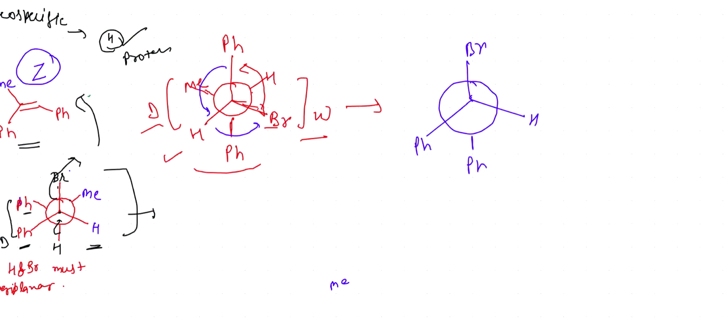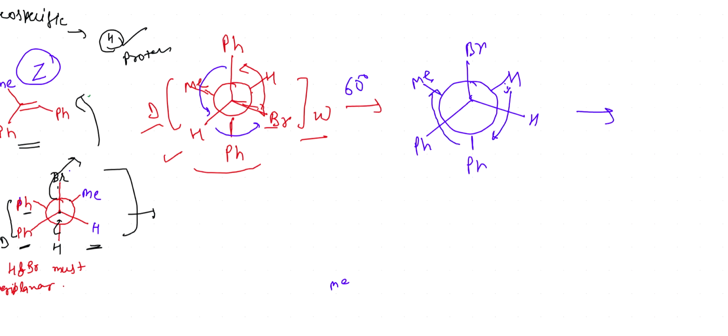So methyl, okay, that are rotated at 60 degrees in anticlockwise direction. Clear? Okay, so now the hydrogen of second carbon and bromine should be anti-periplanar. So this must be at this position. So again, rotate it in clockwise direction at 60-degree angle.